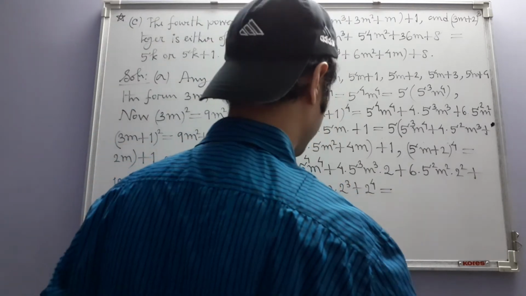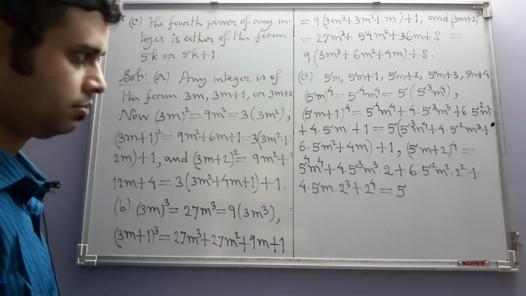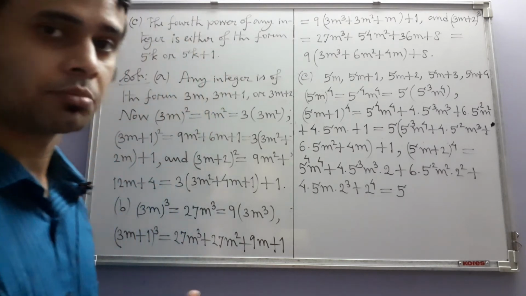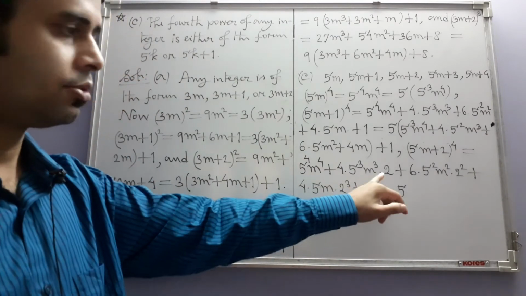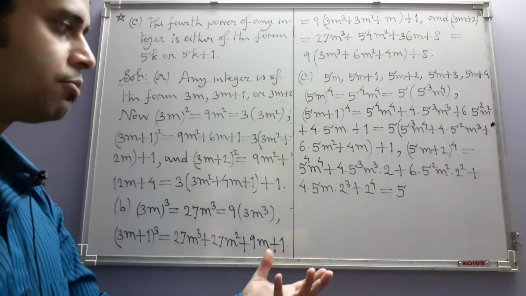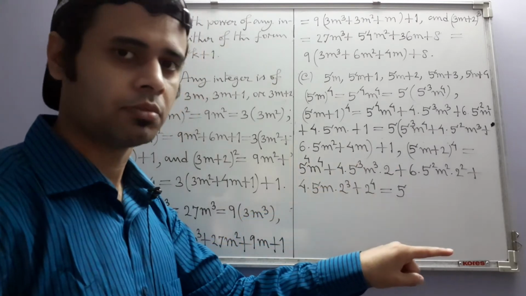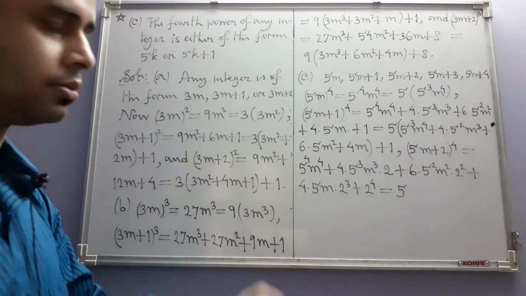Okay. Now if we take 5 common out, 5 common out from what? From all these terms, of course. But what about 2 to the power 4? 2 to the power 4 is 16, which is 15 plus 1. From that 15 also we are going to take 5 out.